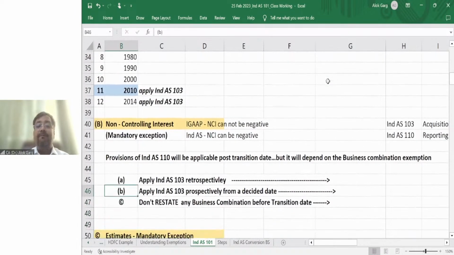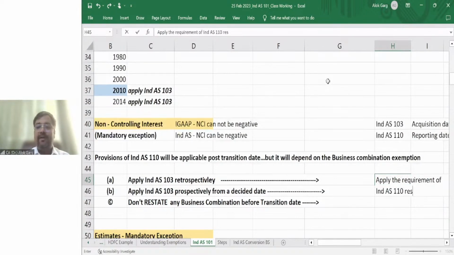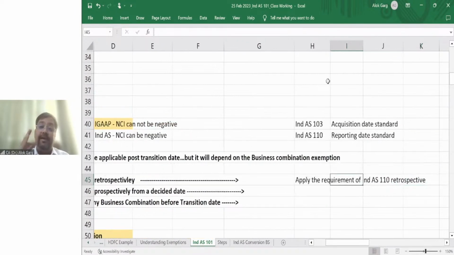If a company has decided to apply Ind AS 103 retrospectively, in that case, apply the requirements of Ind AS 110 retrospectively, right? If you can do this Ind AS 103 accounting retrospectively, then why can't you do this 110 accounting retrospectively, right? It is also depending on the business combination exemption.